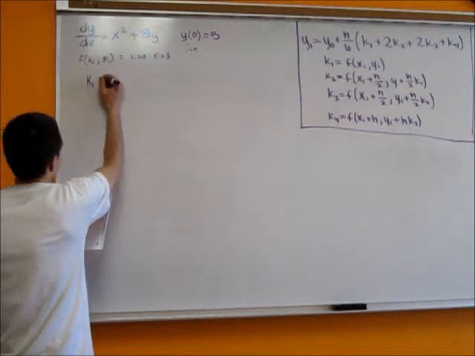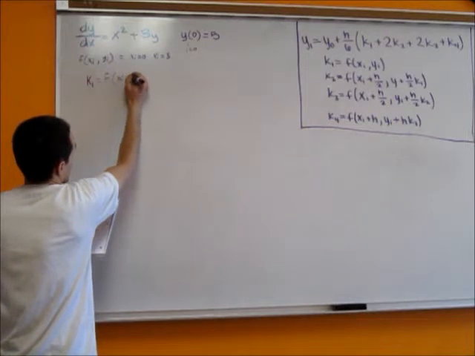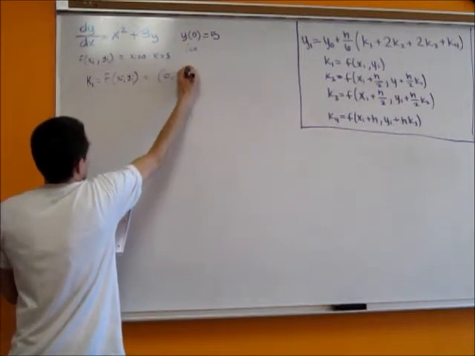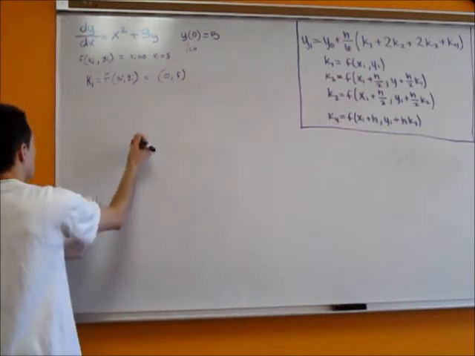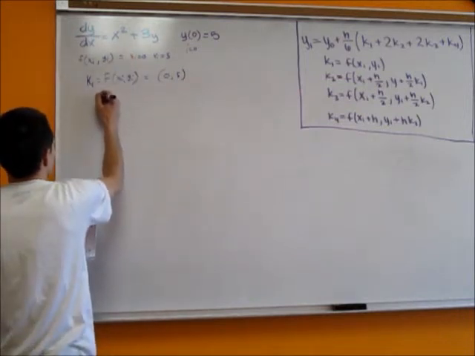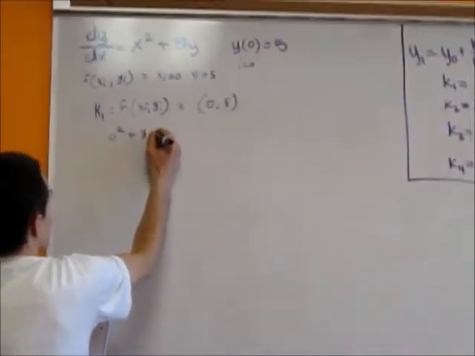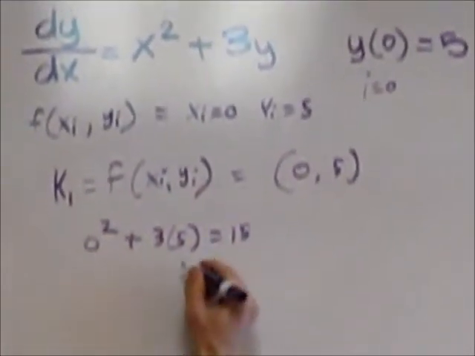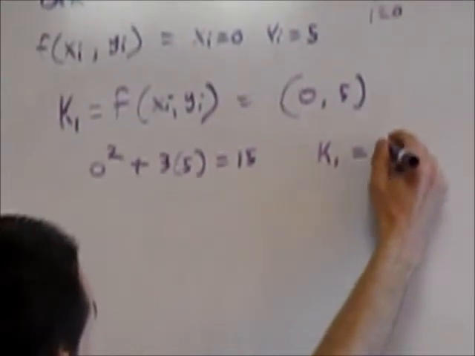K1 equals f of xi, yi, and we know what those are, so it's 0, 5. Then we have to plug those into our original equation. So we'll have 0 squared plus 3 times 5 equals 15. So k1 equals 15.